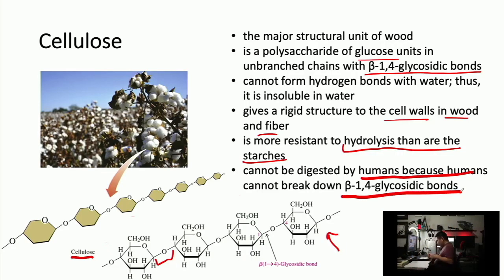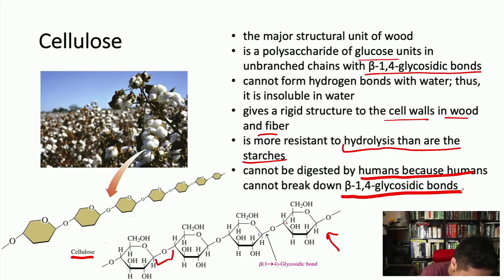So let's just review something real quick, right? All the other glycosidic bonds that we were talking about. If you recall, maltose has an alpha-1,4 glycosidic bond. Lactose, well, we'll skip lactose. Sucrose has either an alpha or a beta 1,2 glycosidic bond. Amylose has an alpha-1,4 glycosidic bond.